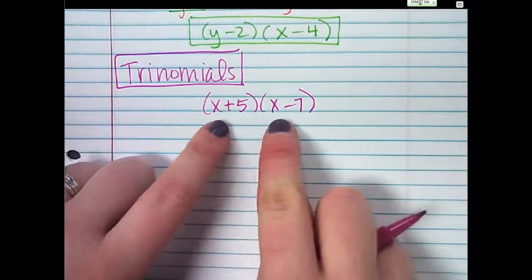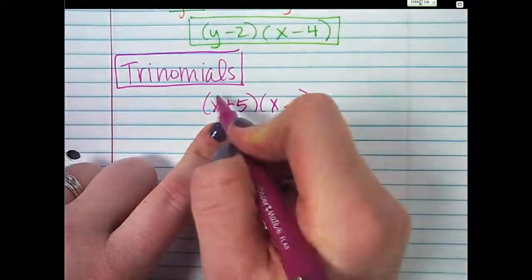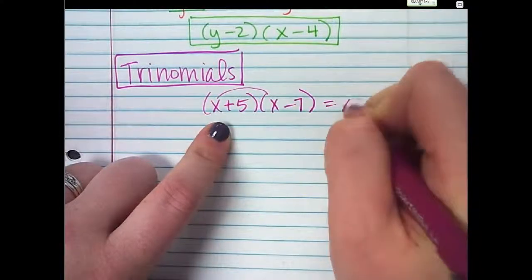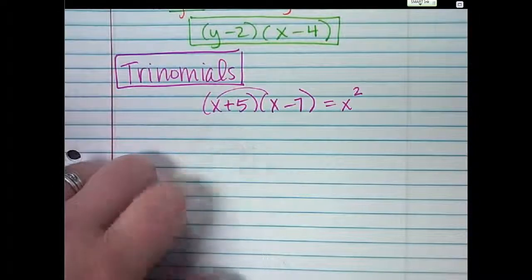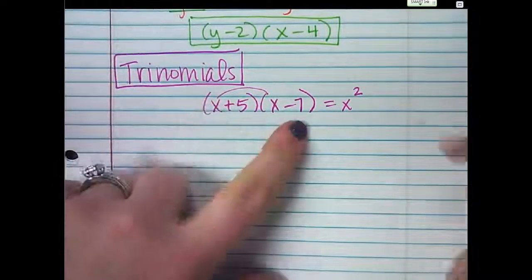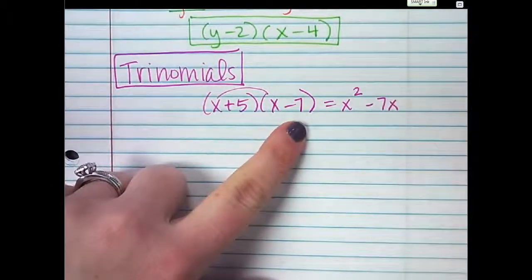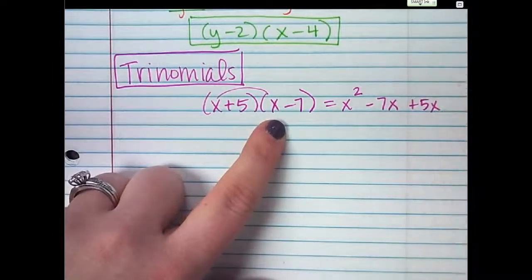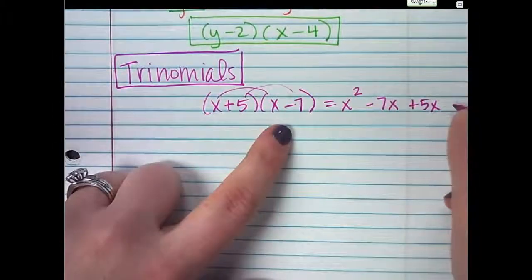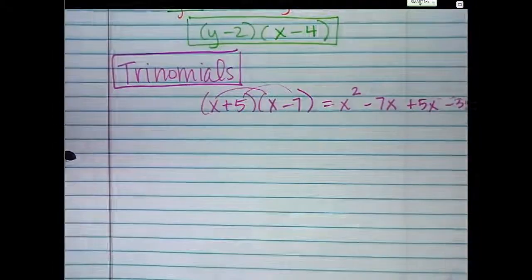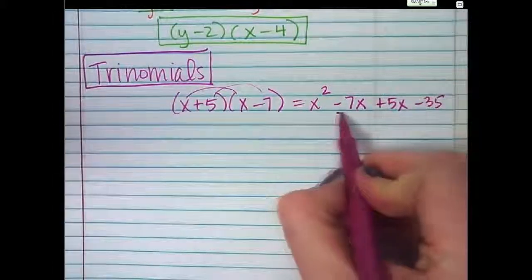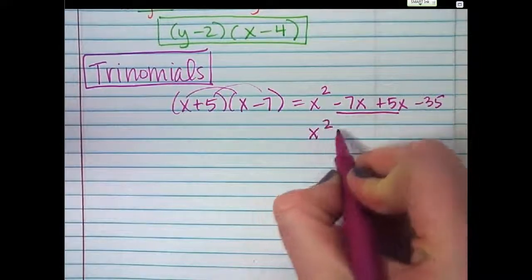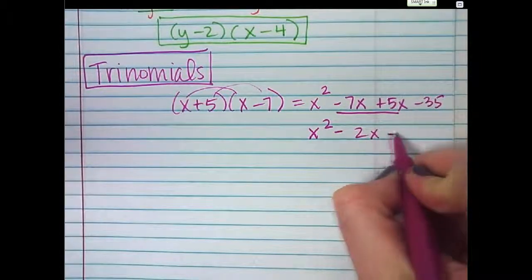If I multiply this out to standard form or simplified form, I would go x times x. What would I do next? X times negative 7, so negative 7x. And then I do the middle terms. And then 5 times negative 7, right? You all know how to do that. So if I simplify this, x squared minus 2x minus 35.